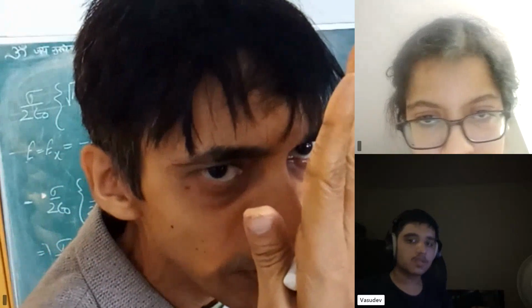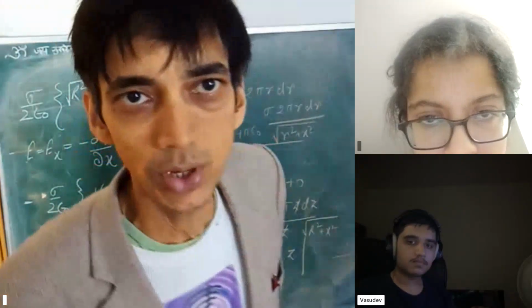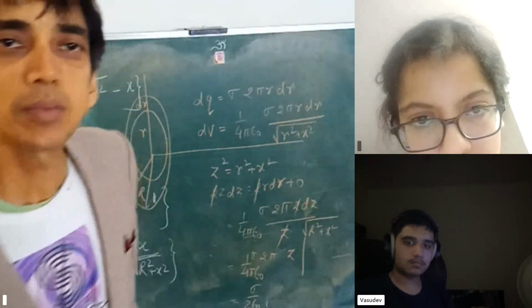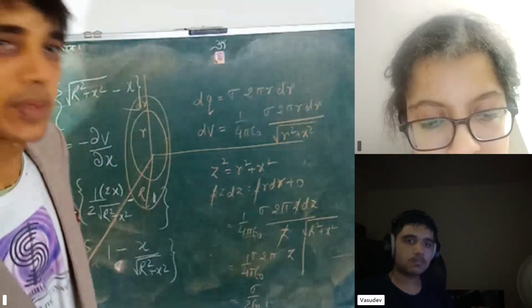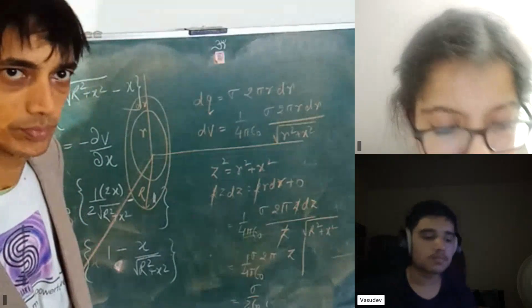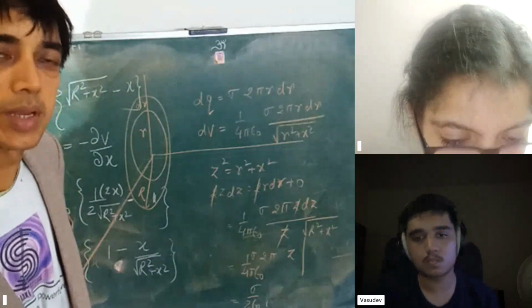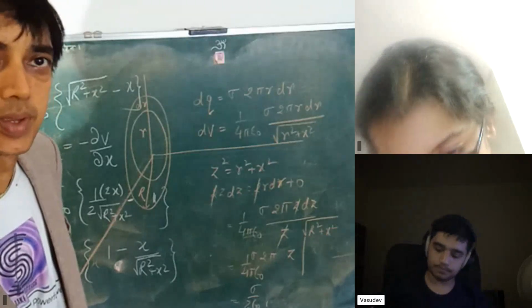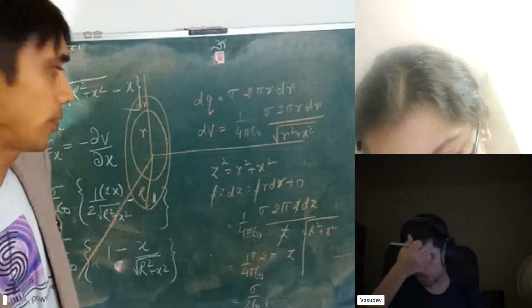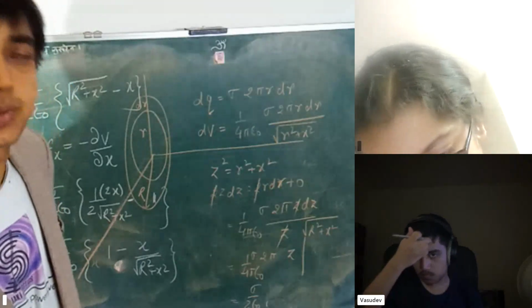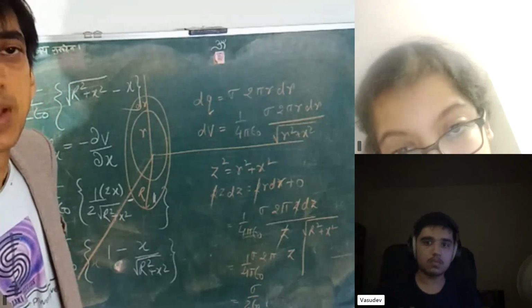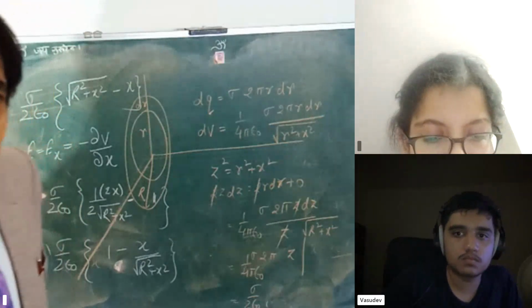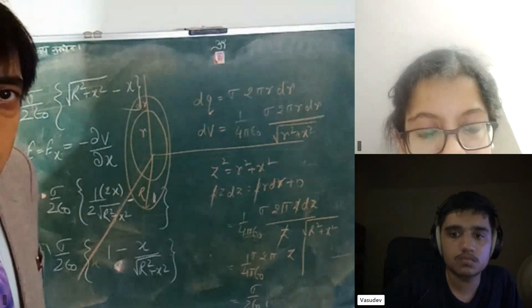Either x is tending to 0 or R is tending to infinity, and we get sigma divided by twice epsilon naught as the field. So this was for a sheet.